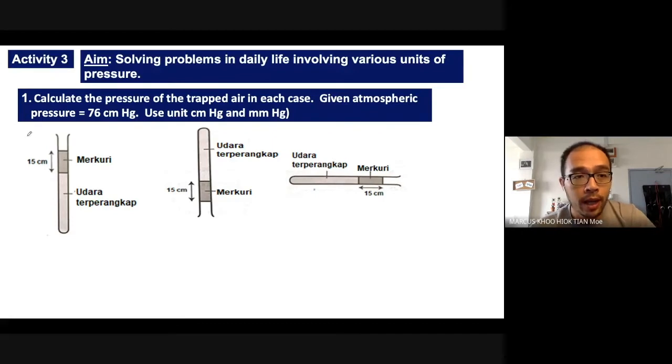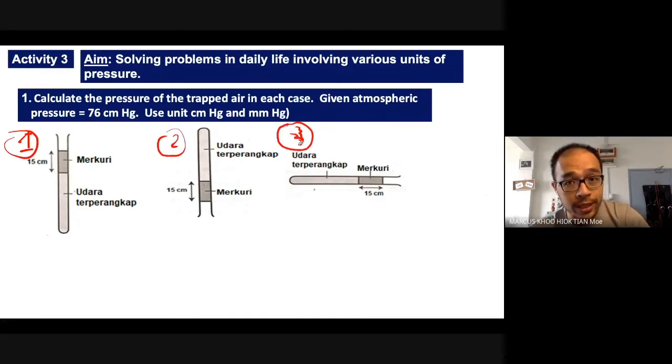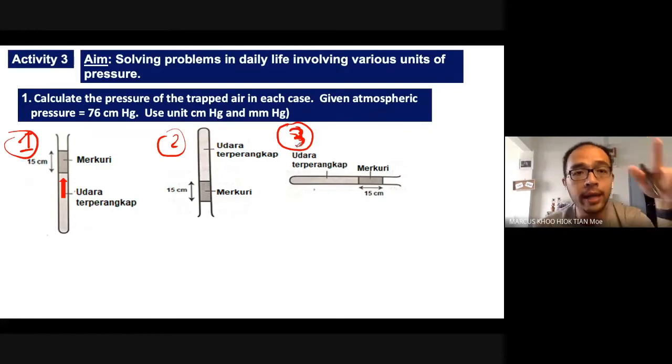Now, I want you to pay close attention. This is case number 1, this is case number 2, and this is case number 3, because all 3 cases are slightly different. Okay. Now, in case number 1, what we find is that the air is pushing upwards. Yalah, because the air wants to mau melepaskan diri bahkan.